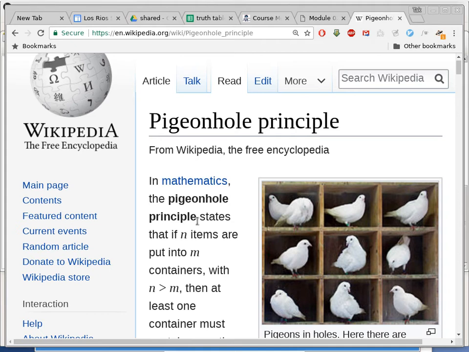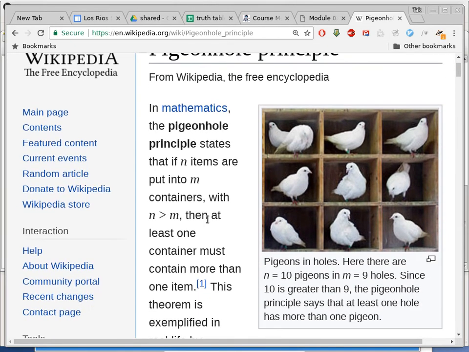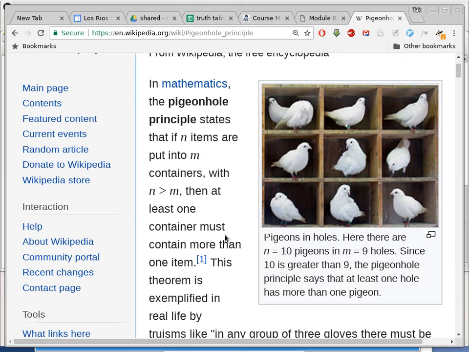The pigeonhole principle states that if n items are put into m containers, knowing that n is more than m, so you have more items than there are containers, then at least one container must contain more than one item. It makes sense to you, right?